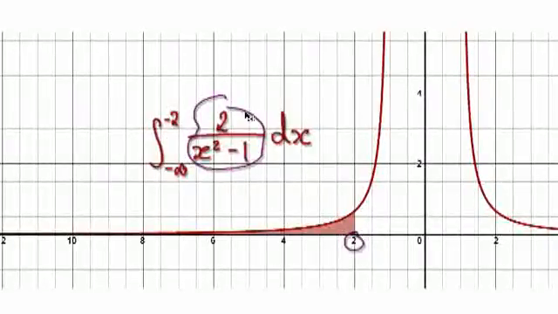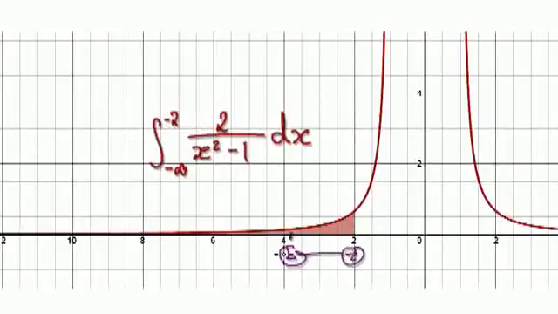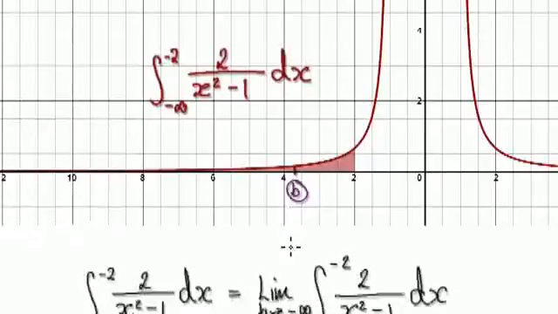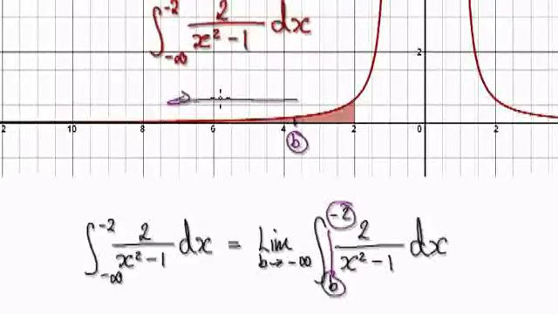So -2 is defined. So we need to integrate it from, let's say, an arbitrary point, let's say B, all the way to -2, and then later allow B to head towards negative infinity.